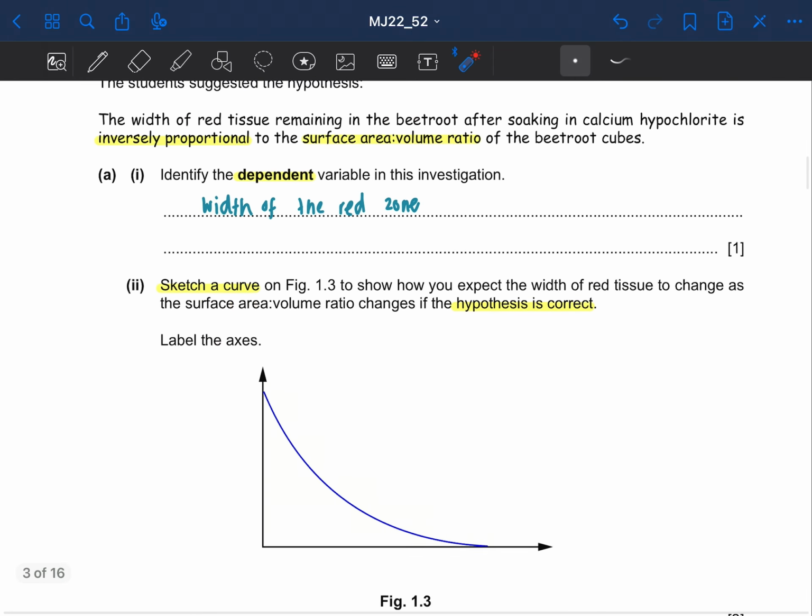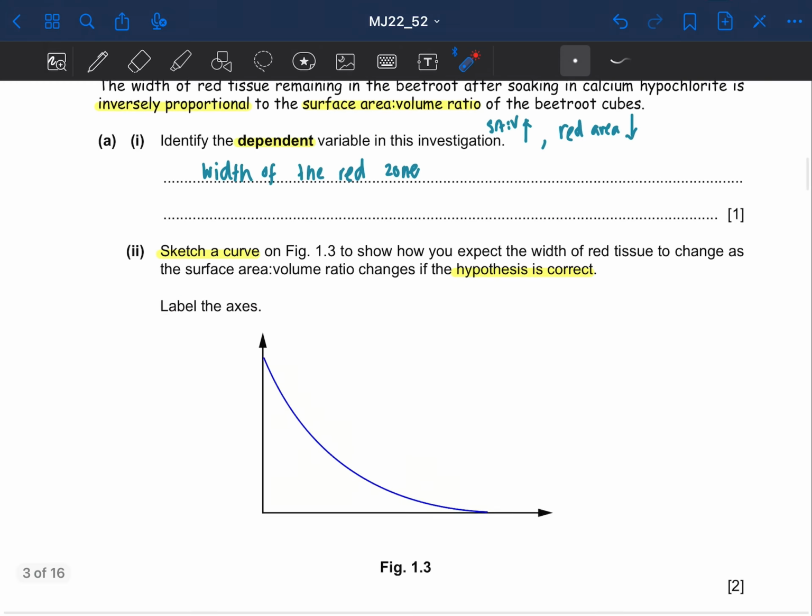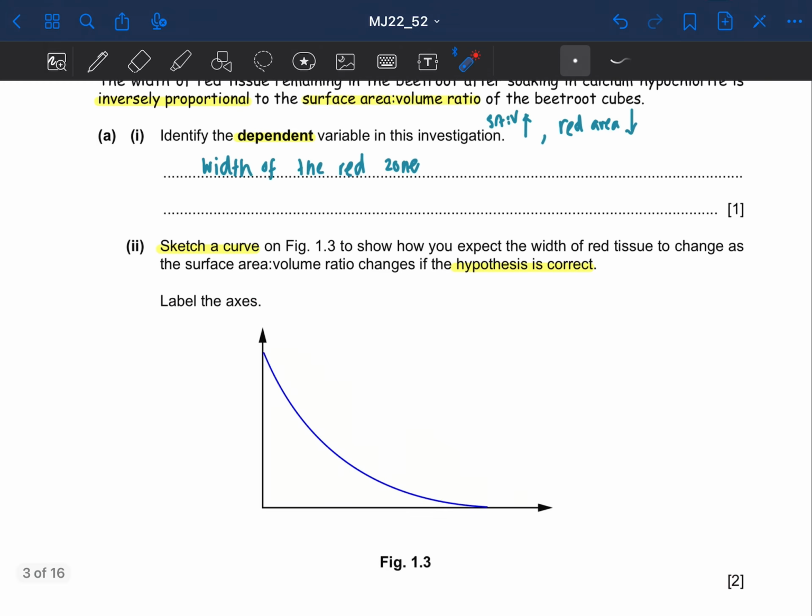Going back, we can see that the hypothesis says there is an inverse proportion to the surface area to volume ratio, meaning as the surface area to volume ratio increases, the red area decreases. Looking at this question, you're also required to label the axes. That's why we have 2 points here.